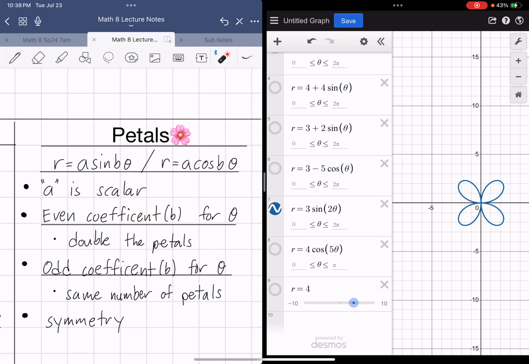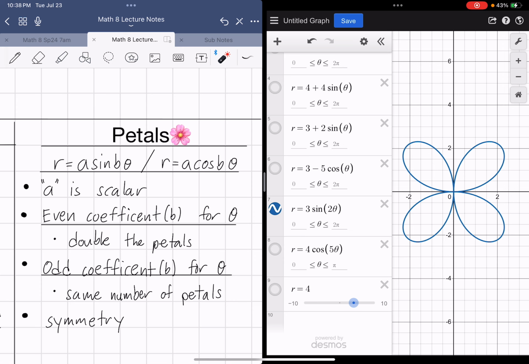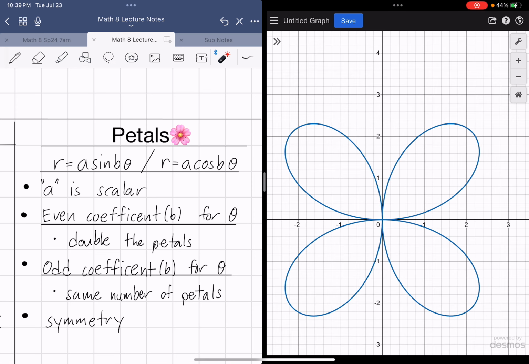And let's look. So if you notice here, there's clearly 4 petals. It's hard to see that the petal goes as far as 3, let's say at the pi over 4 direction. But it does. It really does go as far as 3.